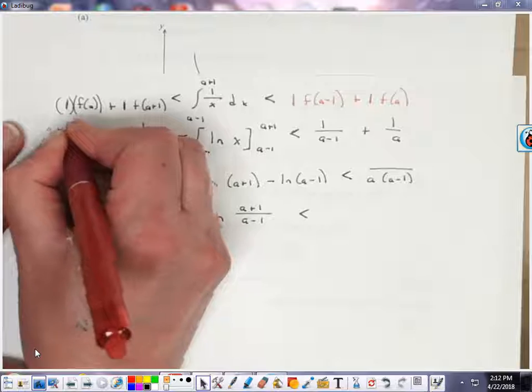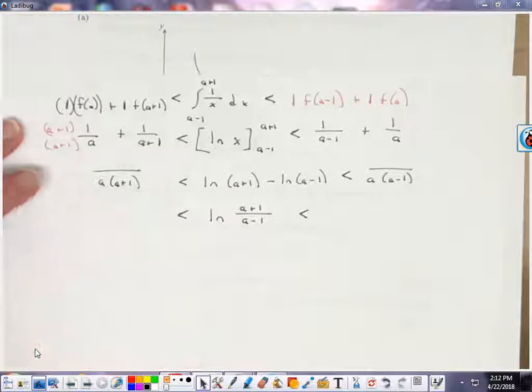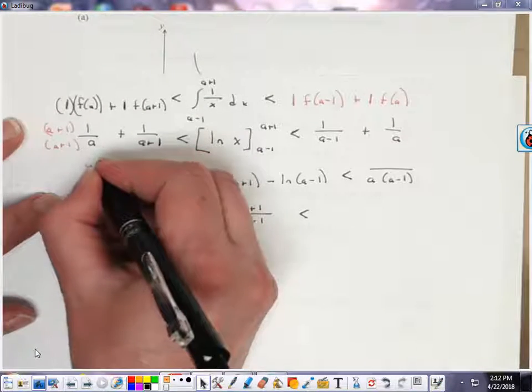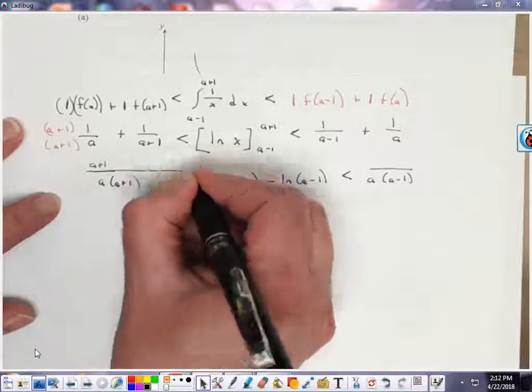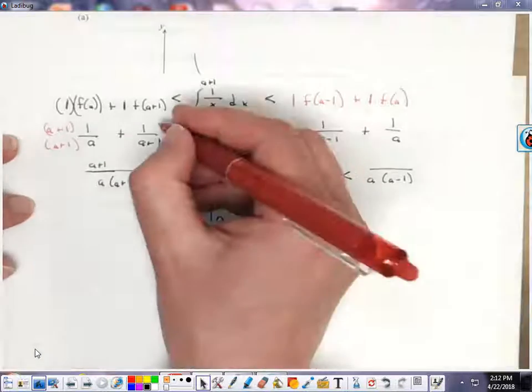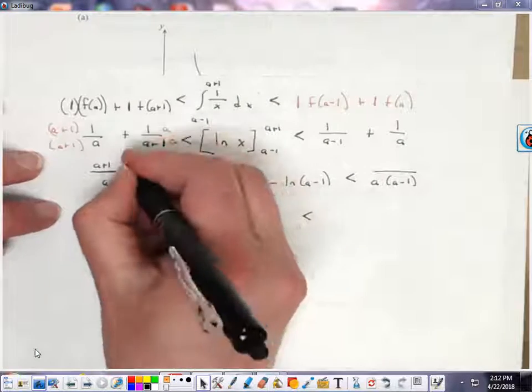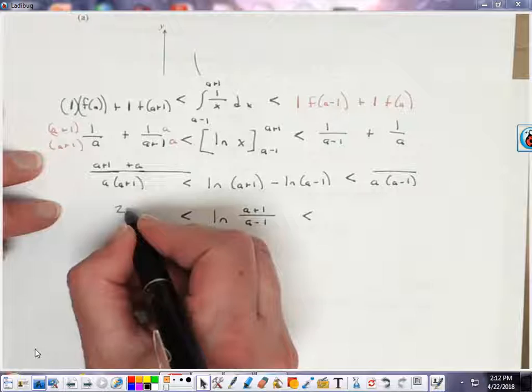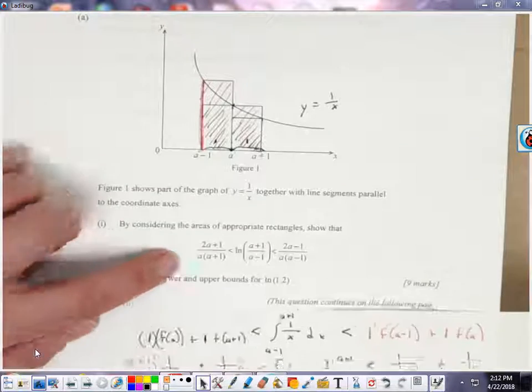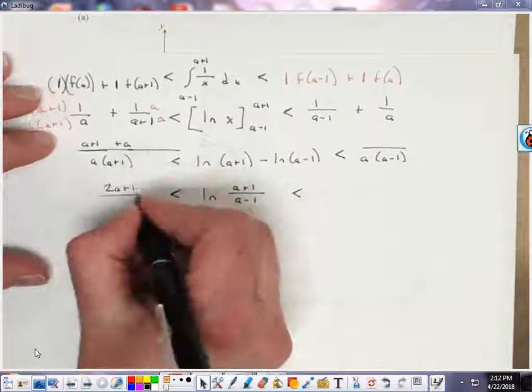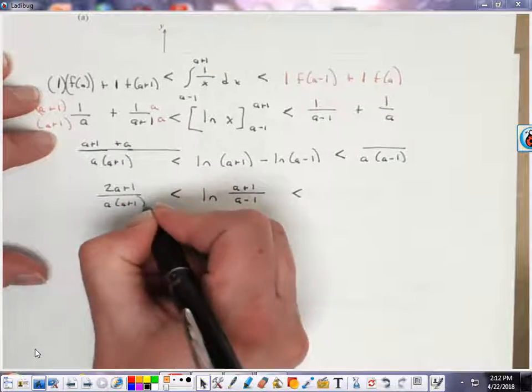So multiply the numerator and the denominator times a plus 1. So I would have a plus 1. And this one, the numerator and the denominator need to be multiplied by a. So plus a. So I would have 2a plus 1. And let's just leave that factored, over a times a plus 1.